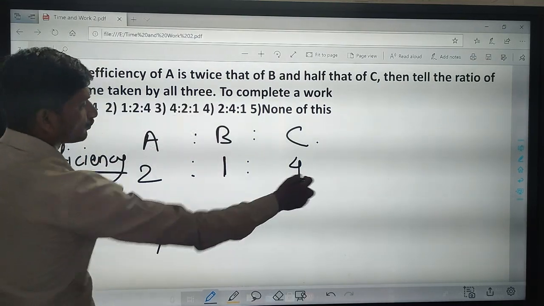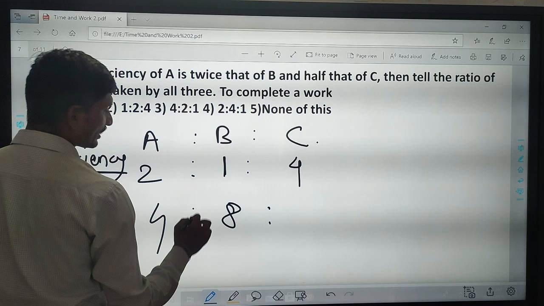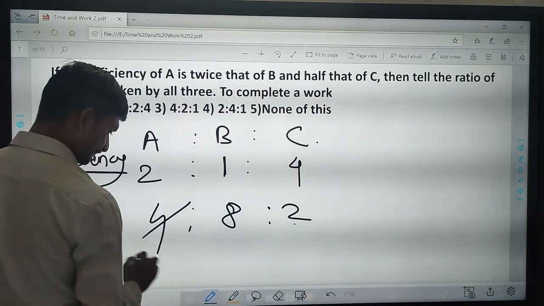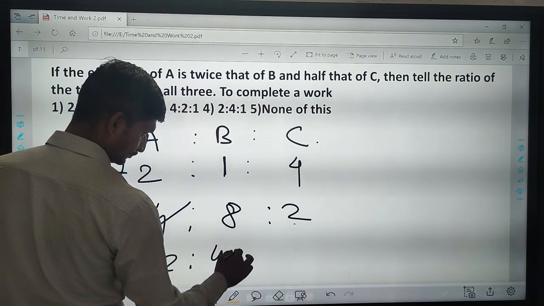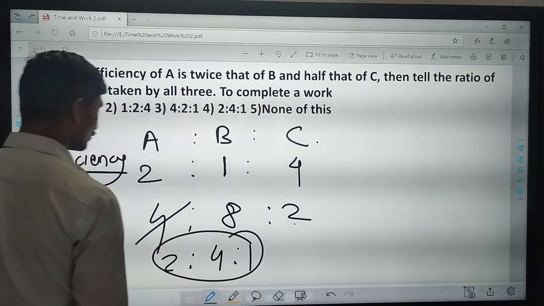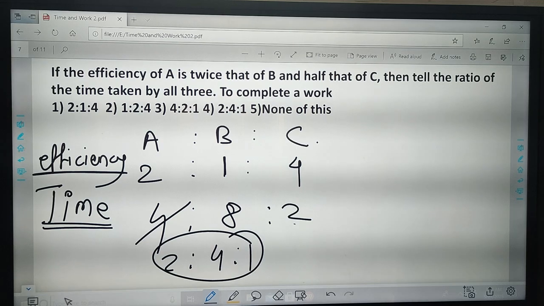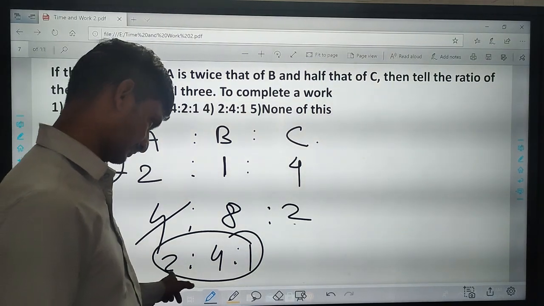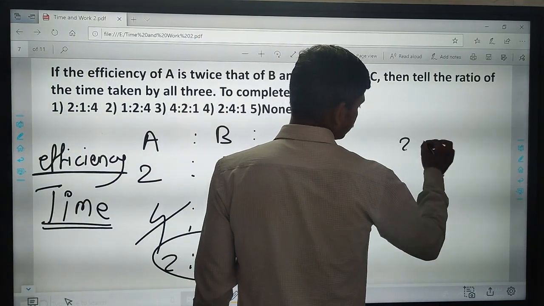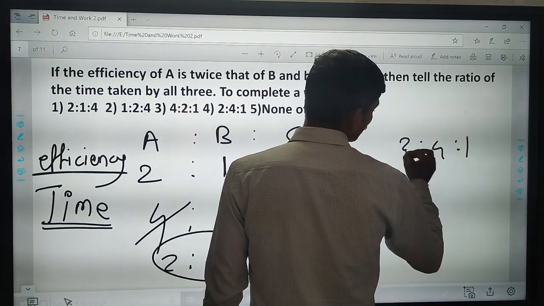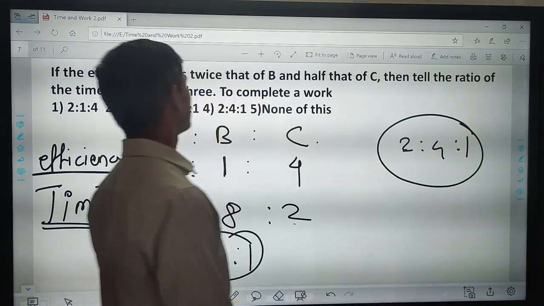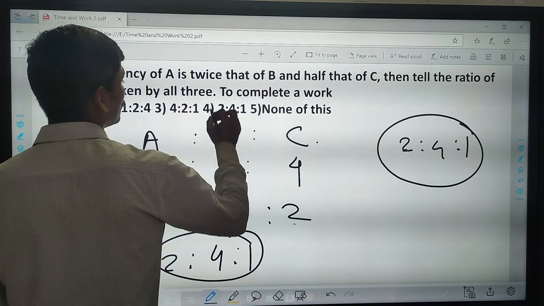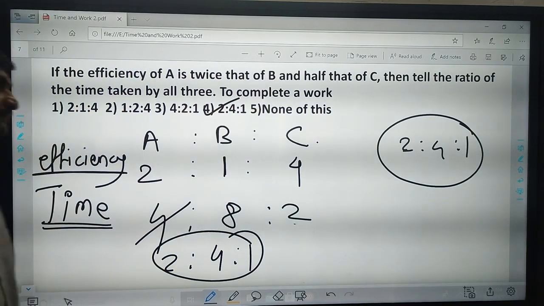Multiplication of these two, 2 times 4 is 8. And multiplication of the remaining, 2 times 1 is 2. The ratio of time taken to complete the whole work for A, B, C is 2 to 4 to 1. Now your answer is 2 to 4 to 1.